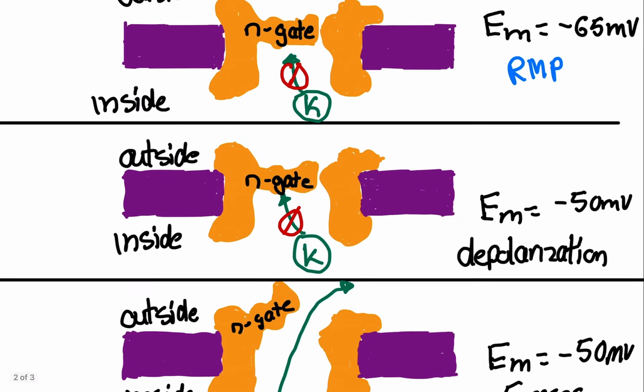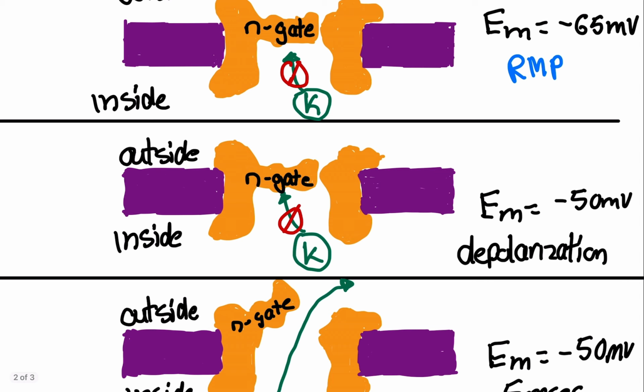Now, at depolarization, so right at the point of depolarization, say we reach the threshold and we basically start depolarizing, the channel is still going to be closed. Yes, it is a voltage gated channel, so it should open by voltage, which it does, but it's very interesting why it's not open.